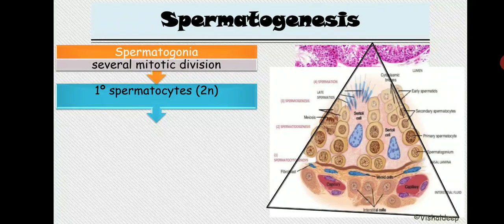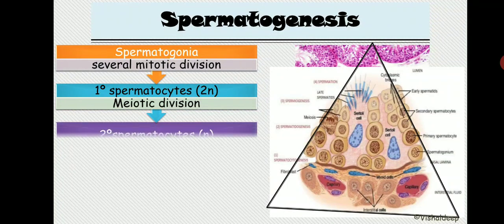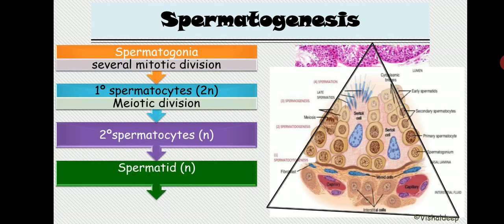This primary spermatocyte will eventually enter the meiotic division. After the meiotic division, it makes a secondary spermatocyte. This secondary spermatocyte is N, or haploid in number, and it will undergo a division and make a spermatid. Again, this spermatid is haploid in number.